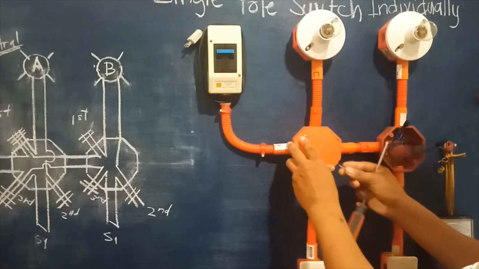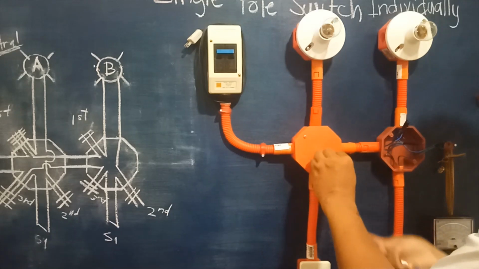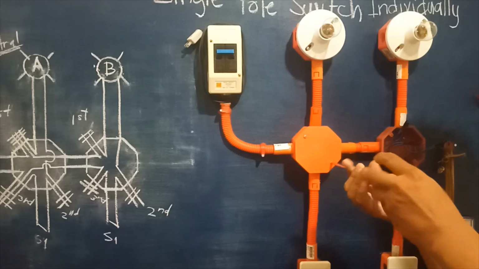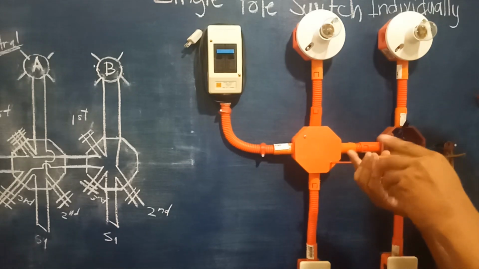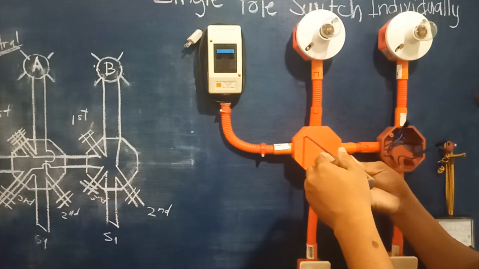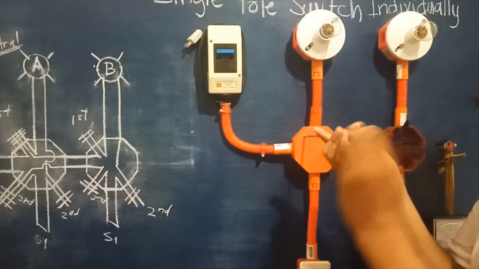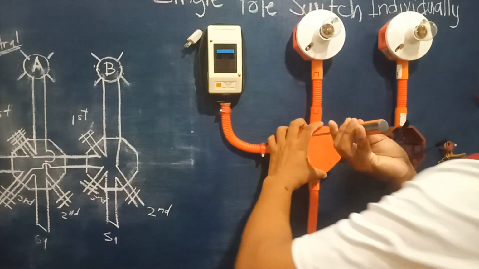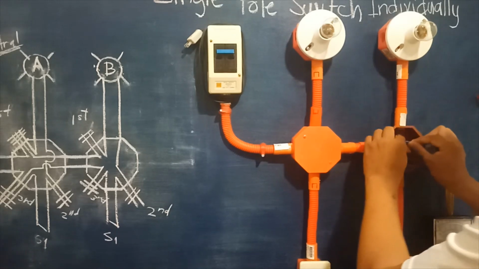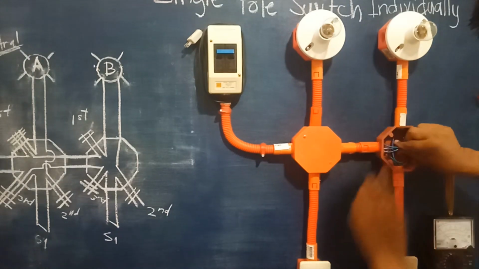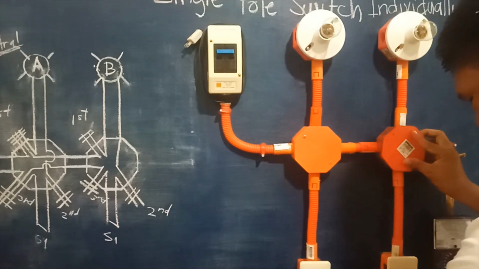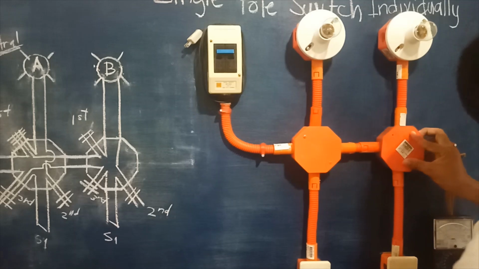Put some screw on the other side to secure our wiring connections. Right? So this way. Then also here, secure also here. Put the cover, and of course with our screw.